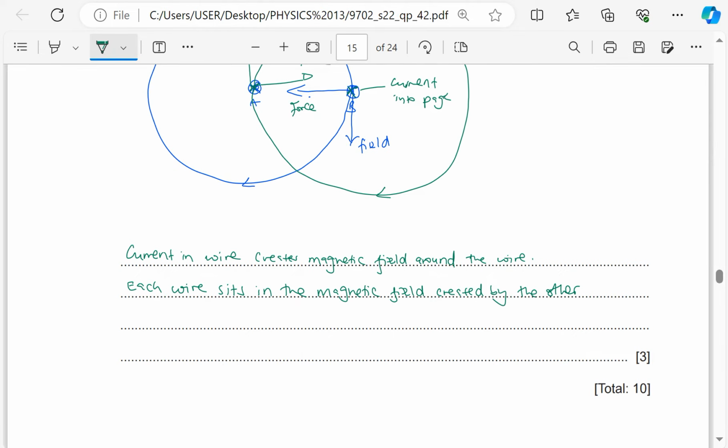And by the way, for each wire, the current is perpendicular to the magnetic field due to the other wire.